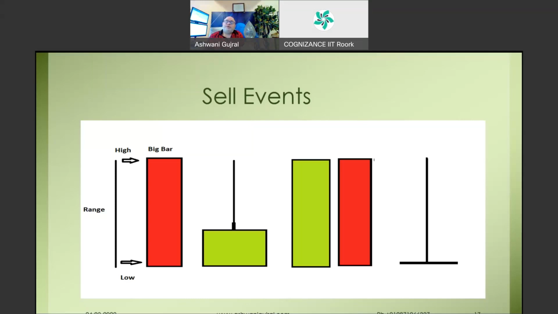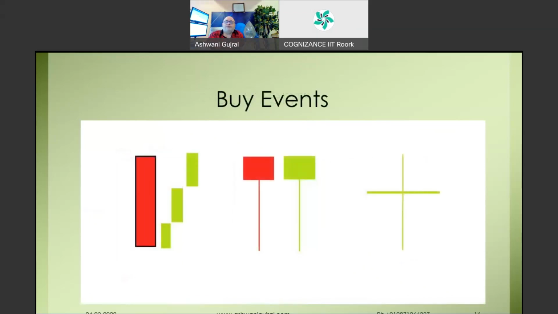Similarly, the first bar was a green bar on the third event, but it was completely cleaned out by a red bar. So again, these are different types of events which make you see whether the bull or the bear is winning. So this is step one in any kind of analysis, that you need to see who is winning in terms of the battle of the bears or the bulls.